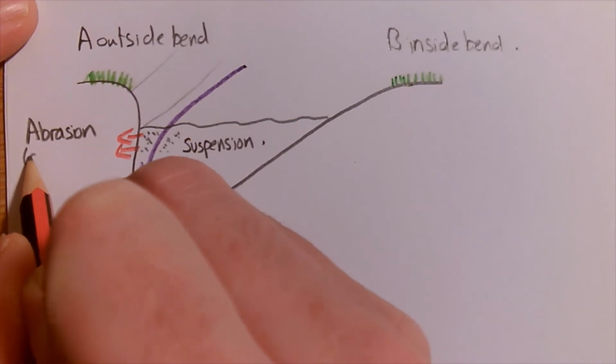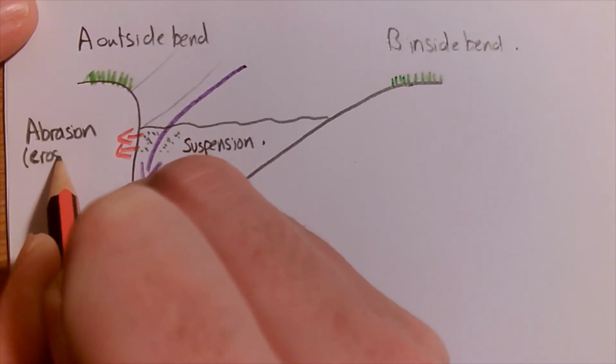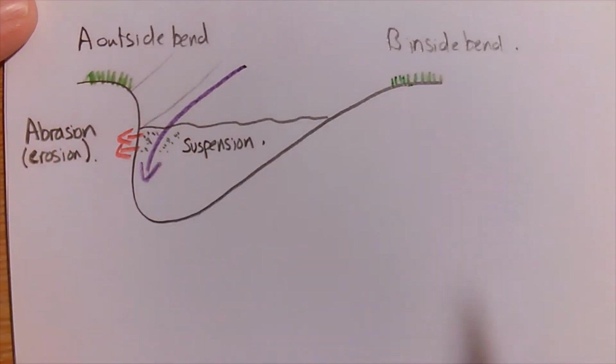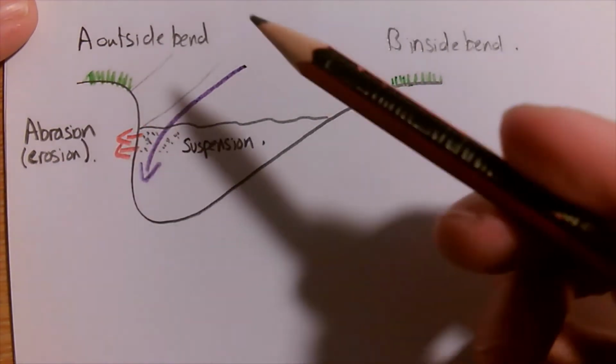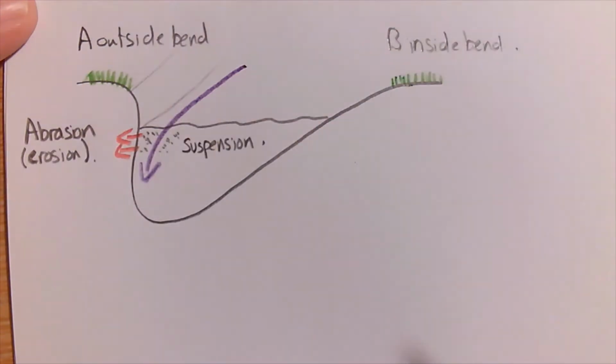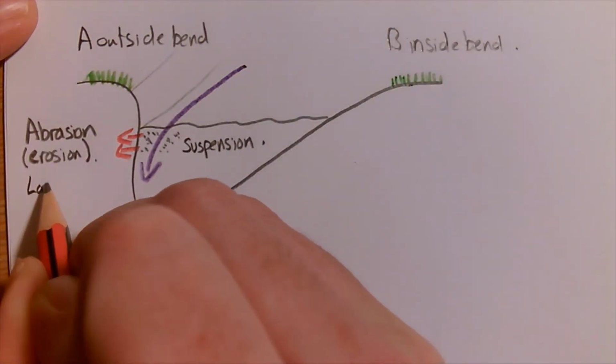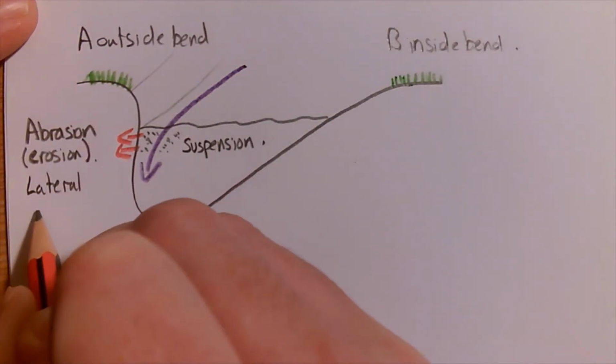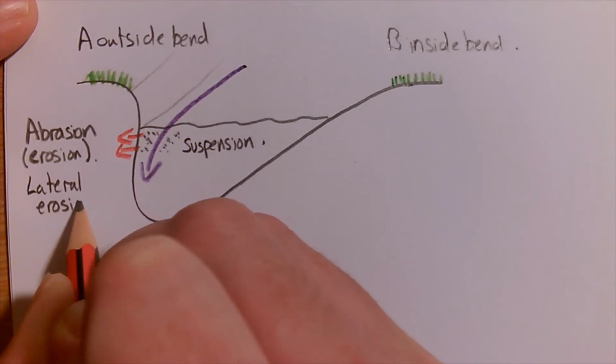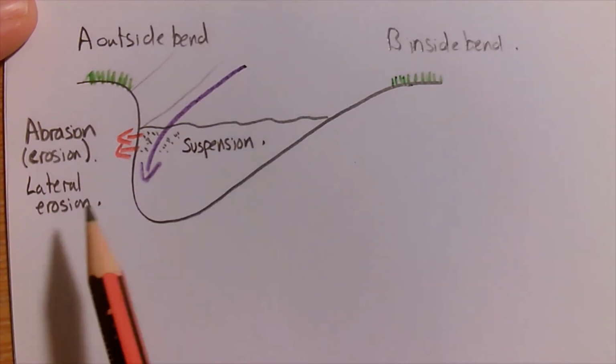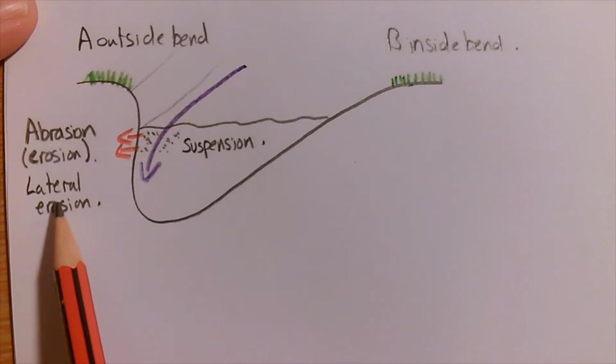So abrasion is the specific type of erosion that is happening here. We can also say that because it's eroding sideways, we call this lateral erosion. Sideways, another word for that is lateral.